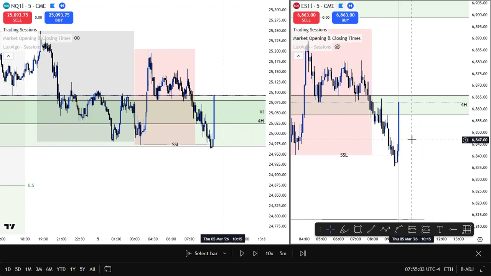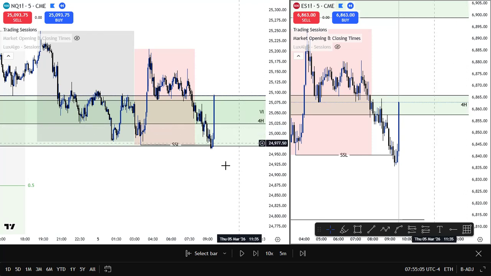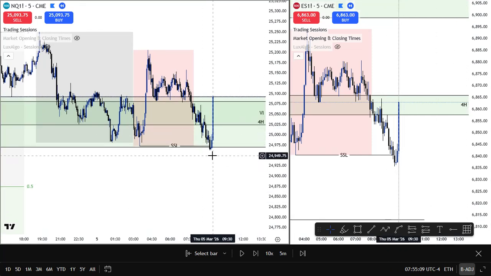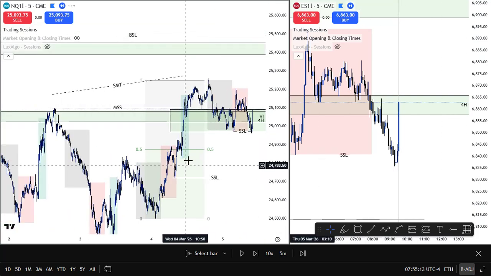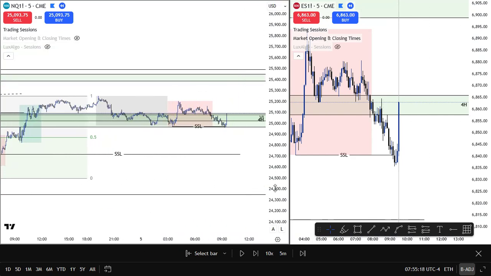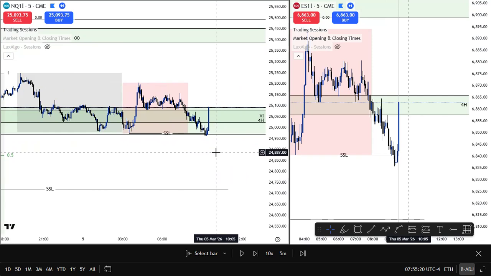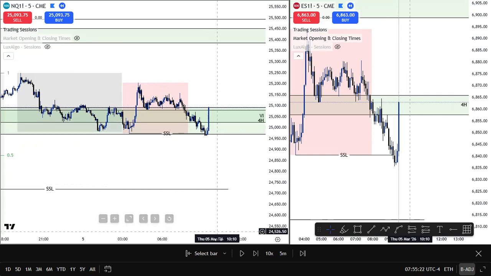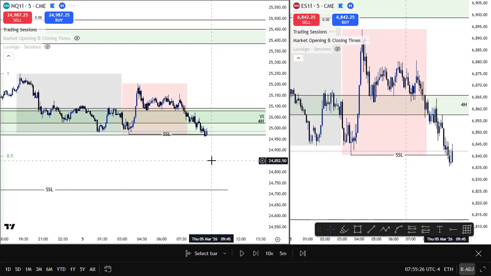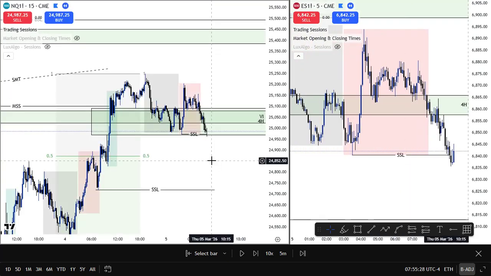So I'm asking, what do I want to see to enter longs? That's not easy. So I think in order to enter longs, technically I don't really have any entry model here, right?